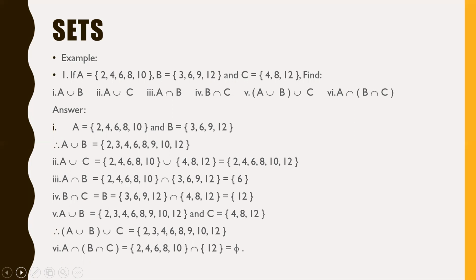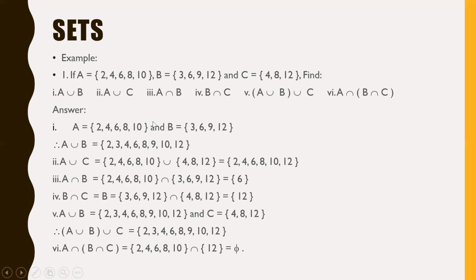So Roman number 1 first. In the question it is given A union B. So first we have to write the A value. A is 2, 4, 6, 8, 10. Then B is there in the question, so B is equal to 3, 6, 9, 12. Here in the question you can see 3, 6, 9, 12 it is given.